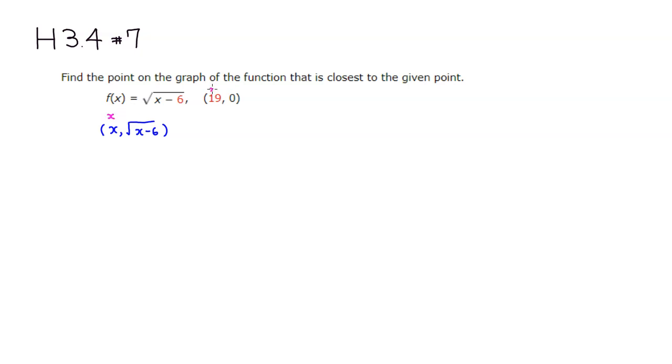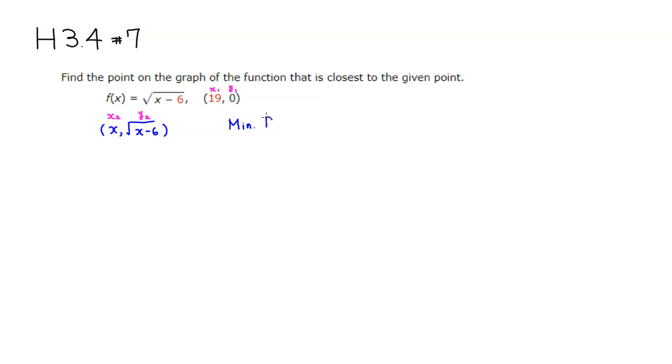Maybe I should think of this as x1 and y1, and this is going to be x2 and y2. If you go through the distance formula, we want to minimize the distance, so I call it d.